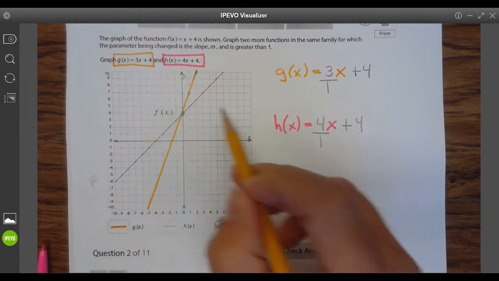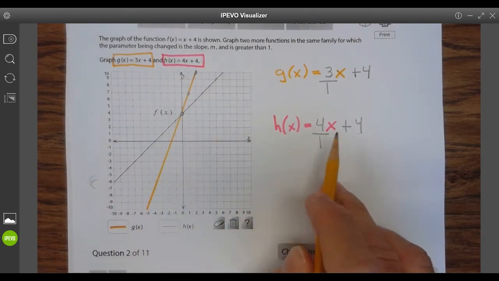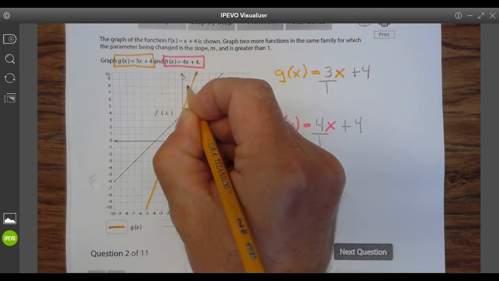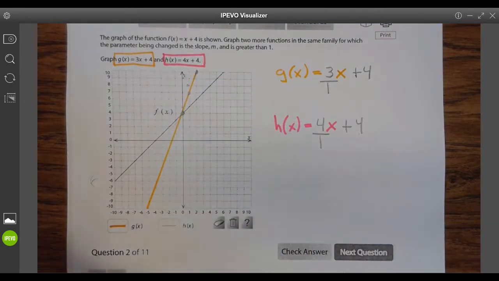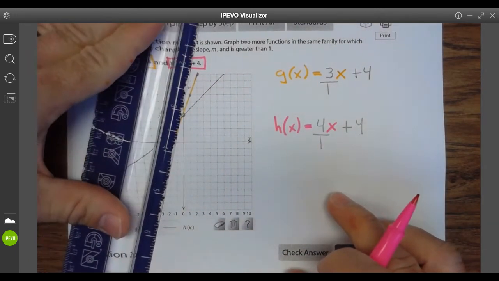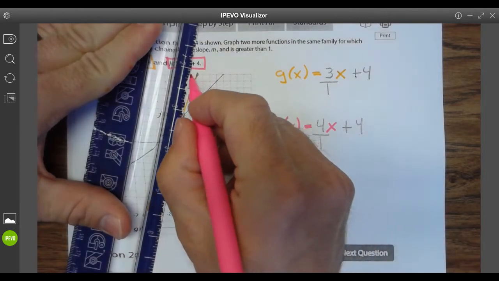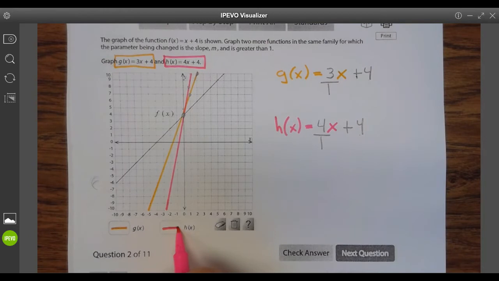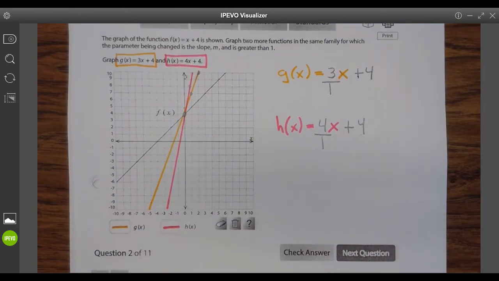We start at the same spot. But then our slope here is we go up 4 to the right 1. So we go up 1, 2, 3, 4 to the right 1. And that's h of x. All right, go and finish up example 2.